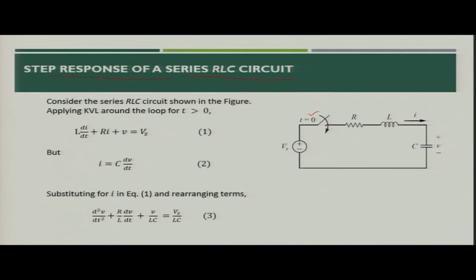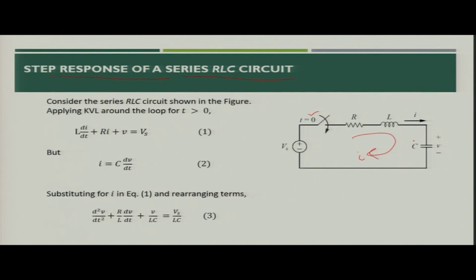When you connect the switch, there would be a current flowing in the mesh, let us say this is I. Now, you have to write the mesh equation for this circuit.